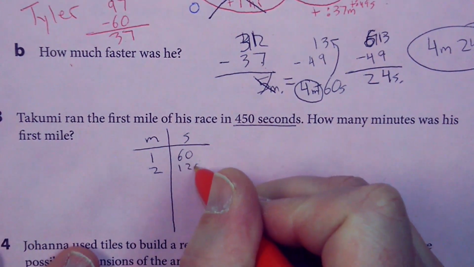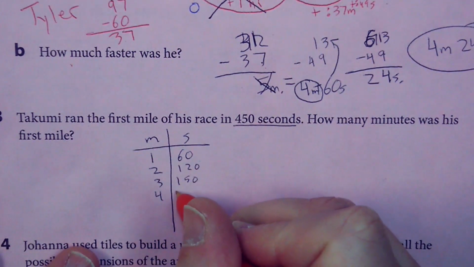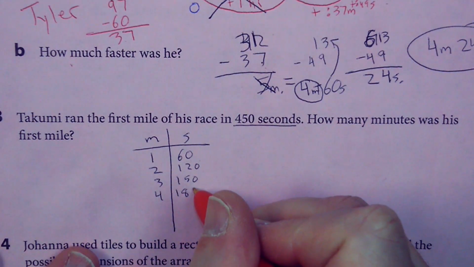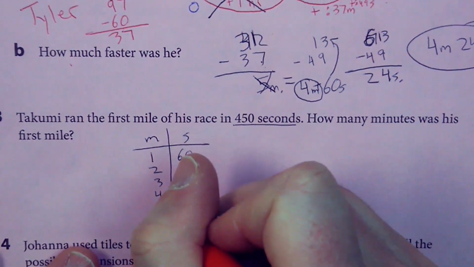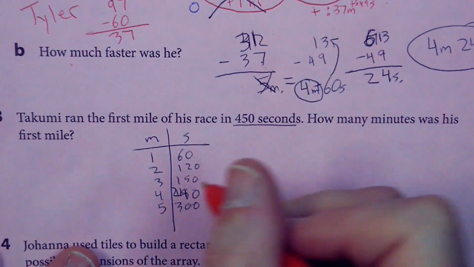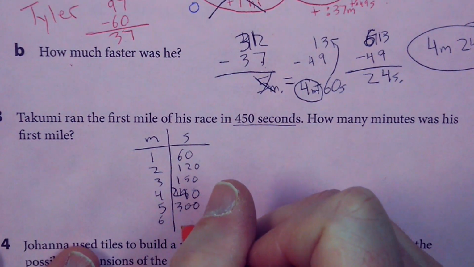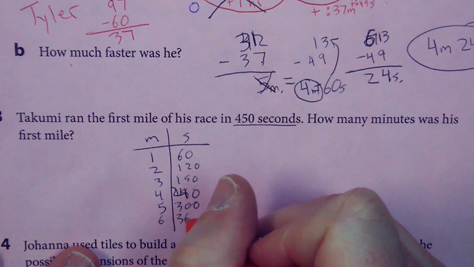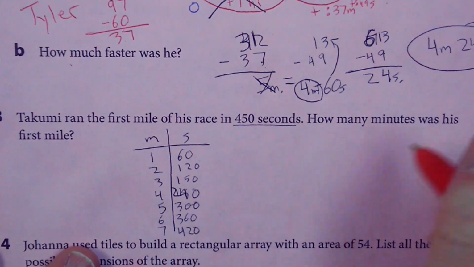2 is 120. 3, 150. 4, what is that? 180. Wait, hold on. 240, excuse me. 240. 5 would be 300. Let's see, 6 would be 360. 7 is 420.